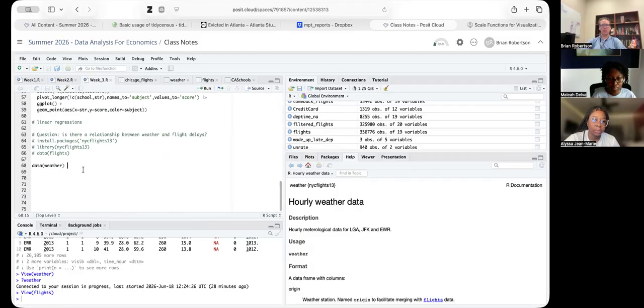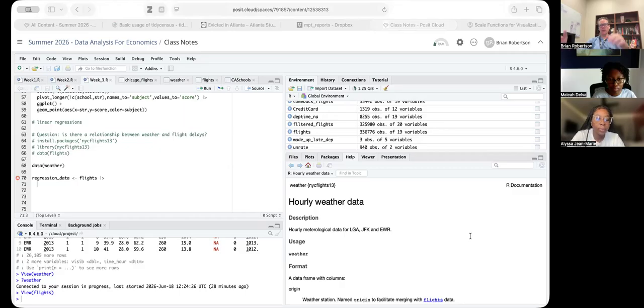I want to merge these two together. So I'm going to start with regression data equals flights. And then I want to do an inner join.